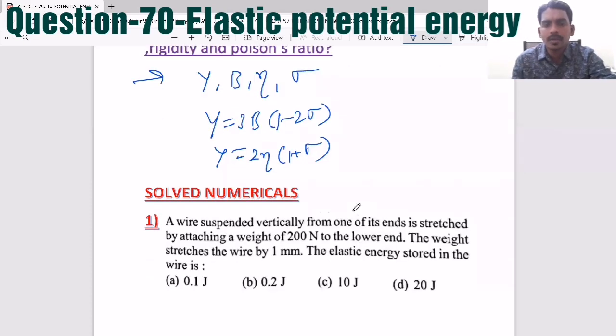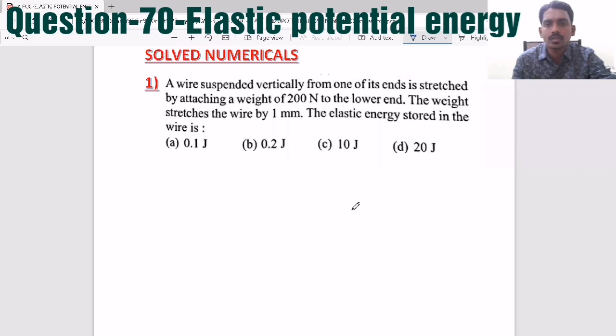So just remember the formula, try to understand the question and try to solve it. And sometimes comparison based questions also they can ask, like as we discussed in the previous question based on the same chapter, comparison of Young's modulus between two wires. Same way they can ask here also, comparison based questions on work and energy.